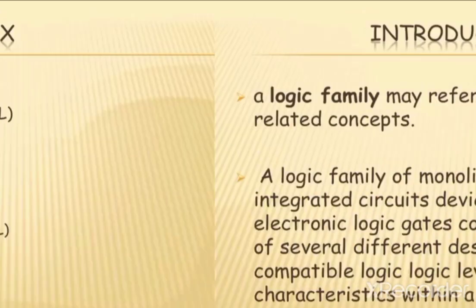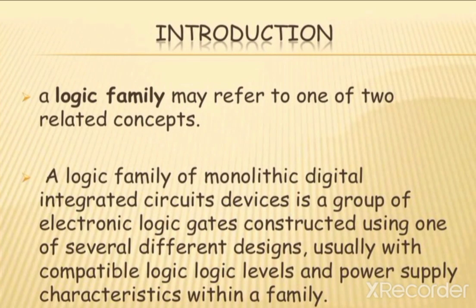Now all of you know what ICs are. ICs are integrated circuits on which we can build any passive as well as active circuit, or we can say that on integrated circuits we can mount a number of electronic components together.